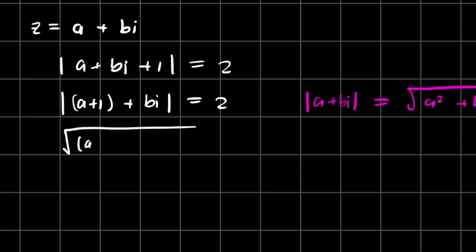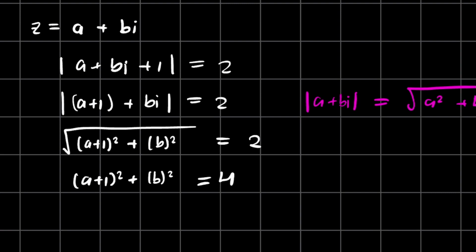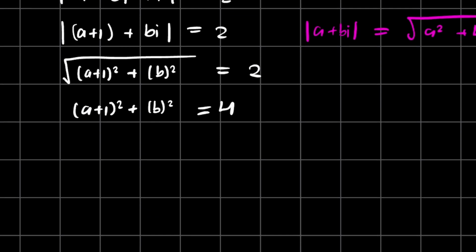Square root of (a plus 1) squared plus b squared equals 2. As you can see, we want to get rid of this square root, so we're going to square each side. That means we have (a plus 1) squared plus b squared is going to be equal to 4. Now we're going to write a squared plus 2a plus 1 plus b squared equal to 4.